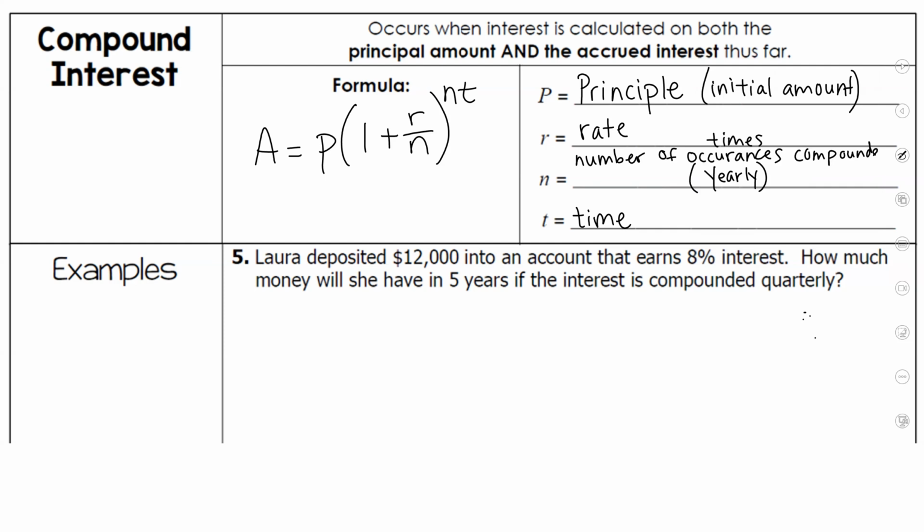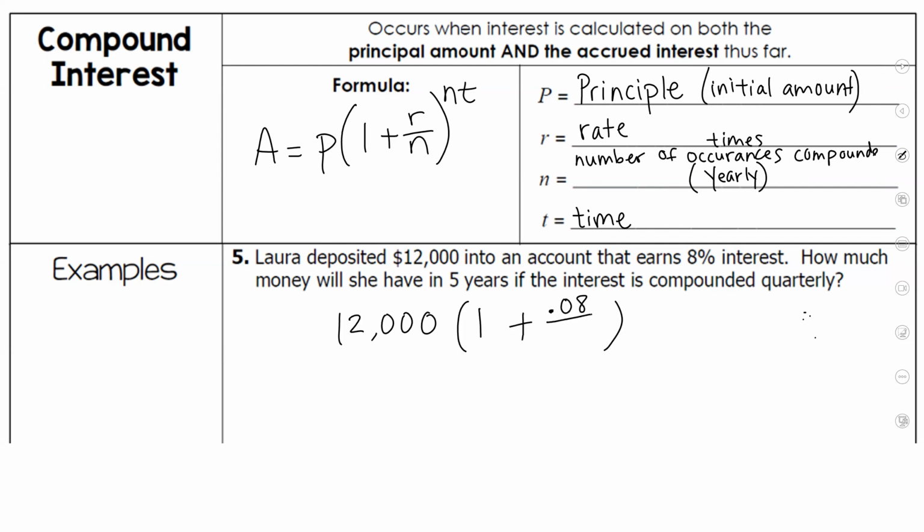Okay, so let's do an example here. The initial amount is $12,000. That's how much Laura deposited into her bank account. And she earns 8% interest. 8% as a decimal is 0.08.